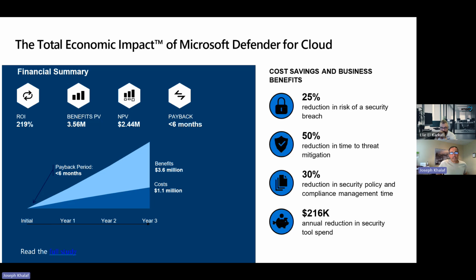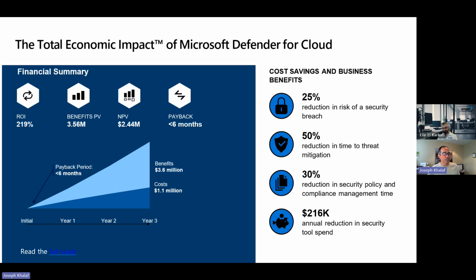Finally, I think this is relevant to people that, look, we all live within budgets. We all have to worry about our spend. It's really hard to justify spending a lot of money on an insurance policy when you've never gotten into an accident. But when you live in the cloud, the only way you can avoid an accident is to invest in security, is to go in and invest in Defender.